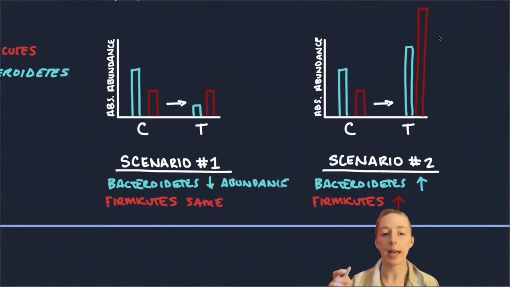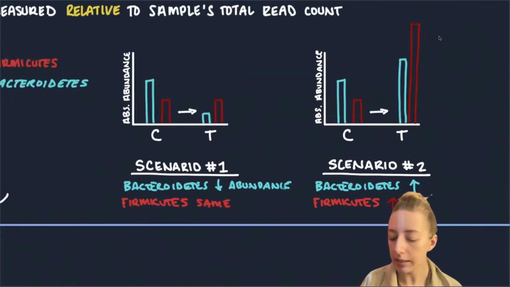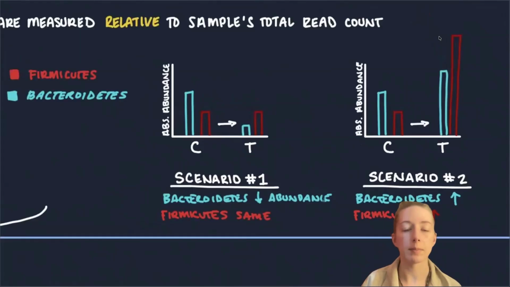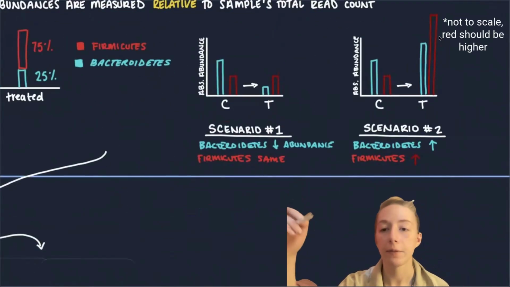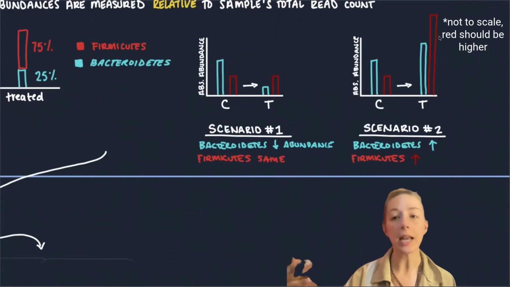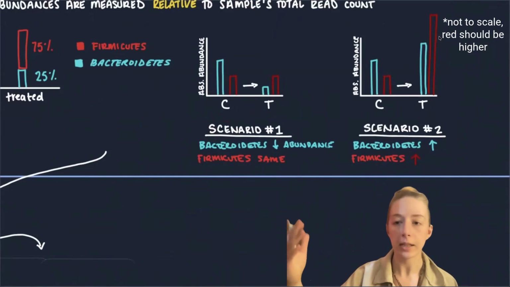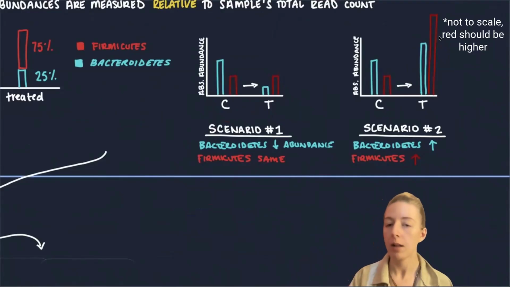In scenario one, we have Bacteroidetes actually decreasing and Firmicutes staying the same. So in this case, it makes the percentages 25 to 75. In another situation, we might have both Bacteroidetes and Firmicutes increasing, but at different rates. So in the end, Bacteroidetes is still 25% of Firmicutes.